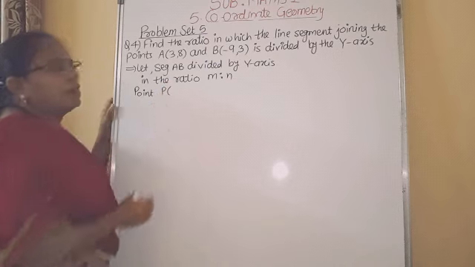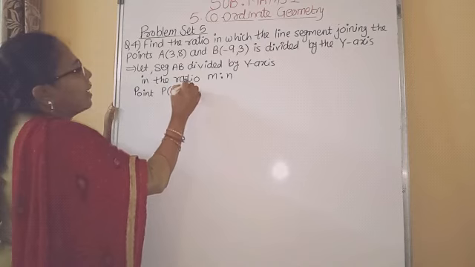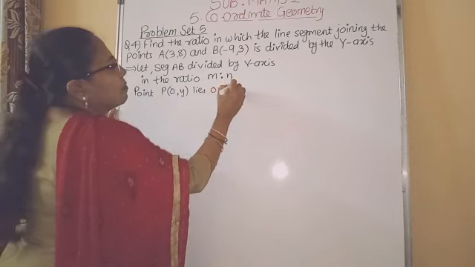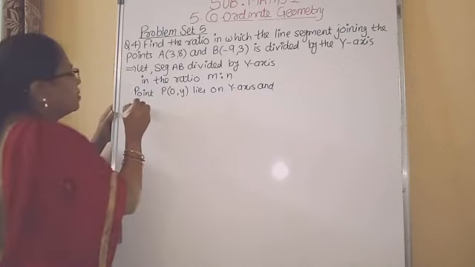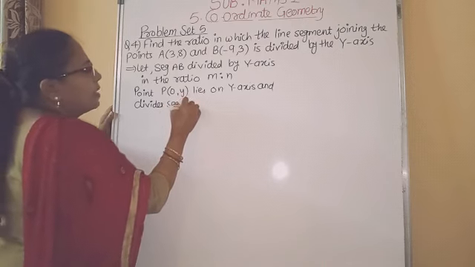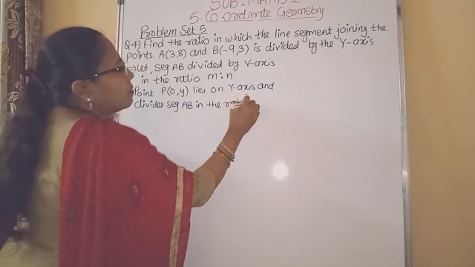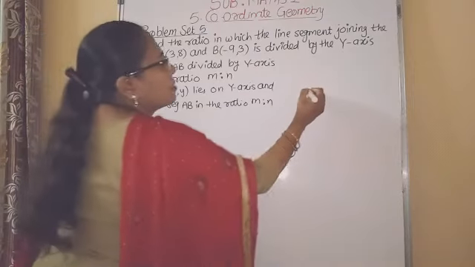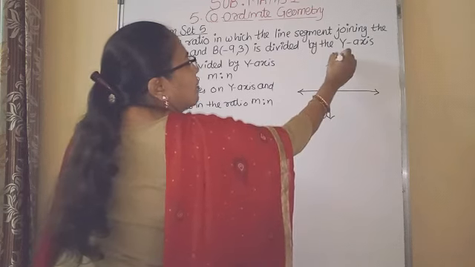Point P (0, y) lies on the y-axis and divides segment AB in the ratio m:n. Okay. Now suppose student, if you draw the x-axis, this is the y-axis.